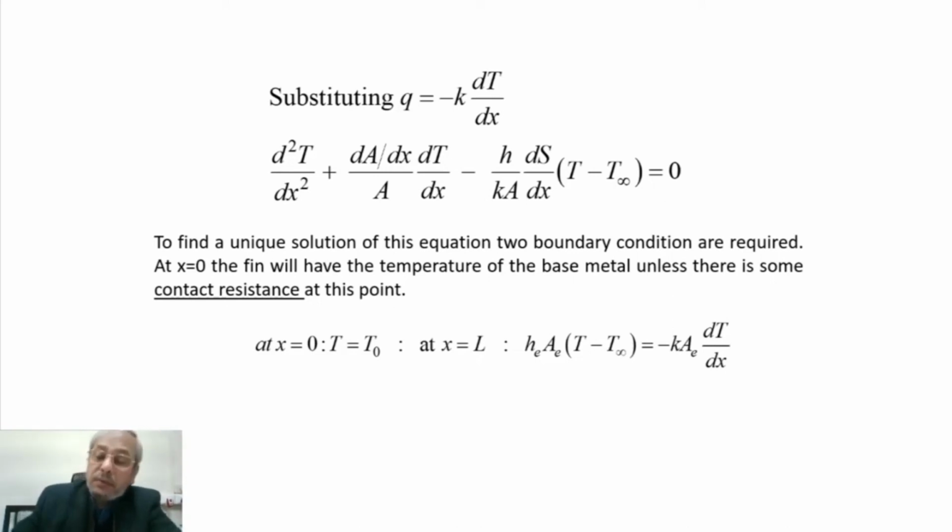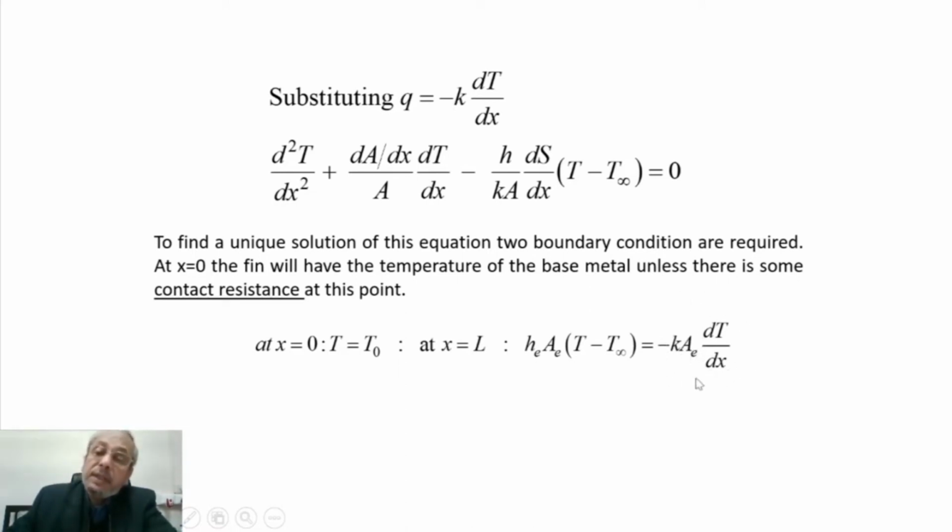So at x equal to 0, T equal to T naught. At x equal to L, he, the end surface heat transfer coefficient, into Ae, the end surface area, into T minus T infinity temperature difference, equals minus k, conductivity, into Ae, area of the end surface, into dT/dx.